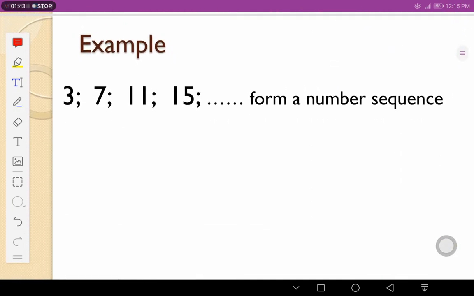Let me have an example. This is a number sequence. Why do I say it is a number sequence? Let's talk of 3 as the first term. So I can have this 3 as my first term, and I can say it's T1.